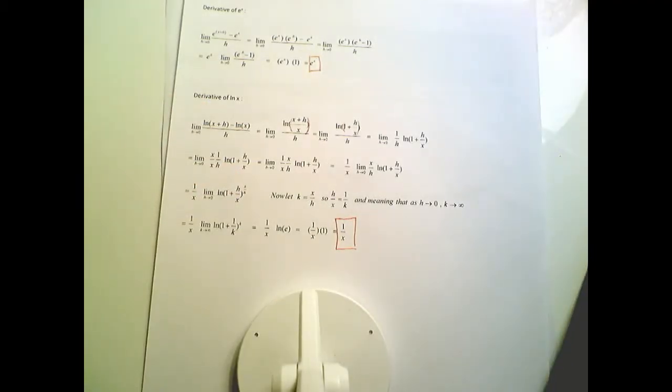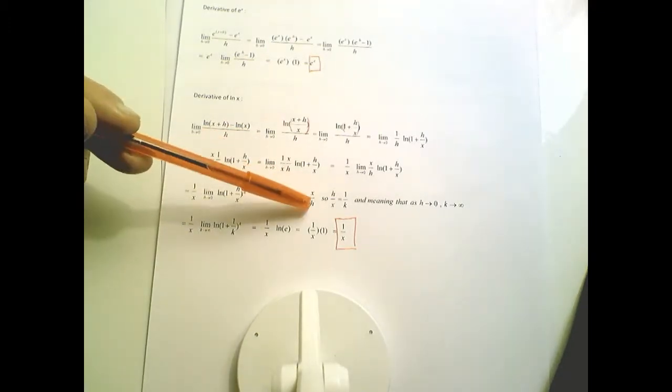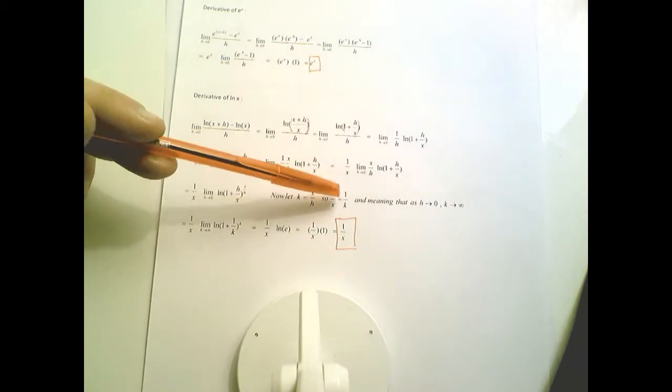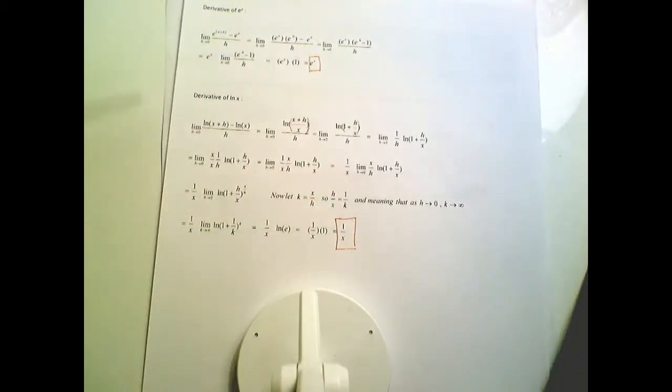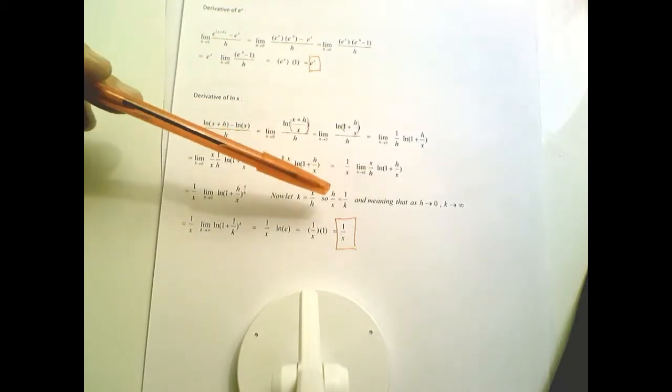Now I'm going to do a quick substitution. I'm going to let k equal x over h. And by the way, if that's true, h over x equals 1 over k. And the nice wrinkle about this, we're using the two different definitions of e, by the way. What do I notice happens?